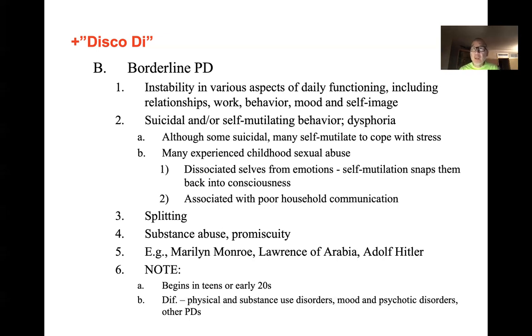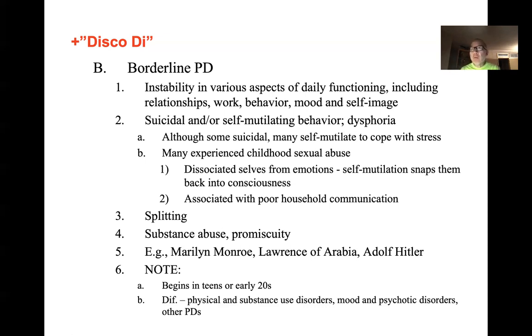Let's see. There's also this phenomenon of splitting. Splitting refers to the tendency for those suffering from borderline personality to see things in extremes. So splitting may occur, for example, like seeing two people, like parents, one being all good, the other all bad.